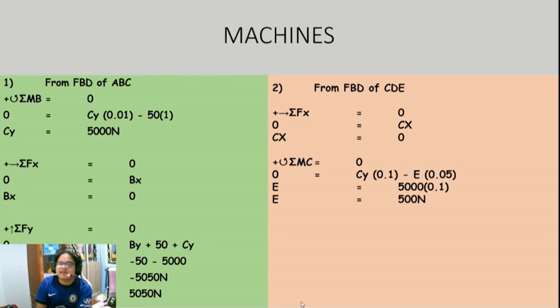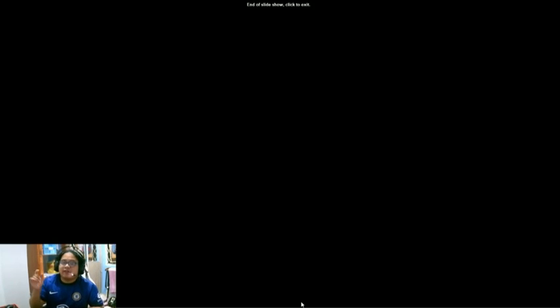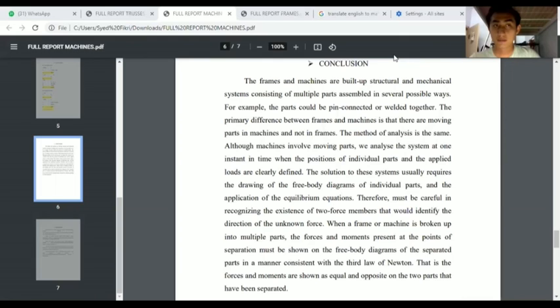Just now we were searching for CY, right? Now at the FBD of CDE we can search for CX, and also at the moment at C we got E. We got at point E the value of 500 Newton. So I think that's all from me for the part of calculation. Thank you for watching. Conclusion about machines.